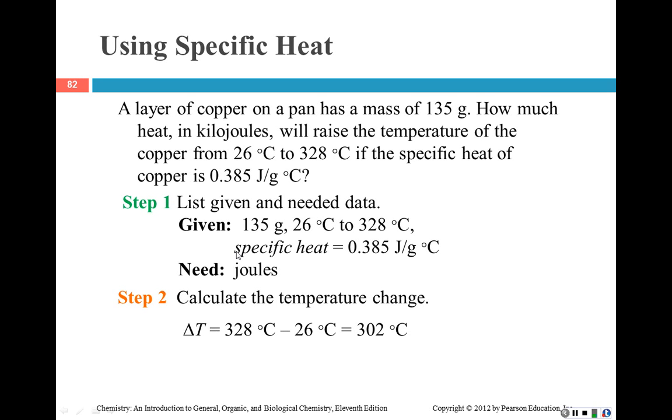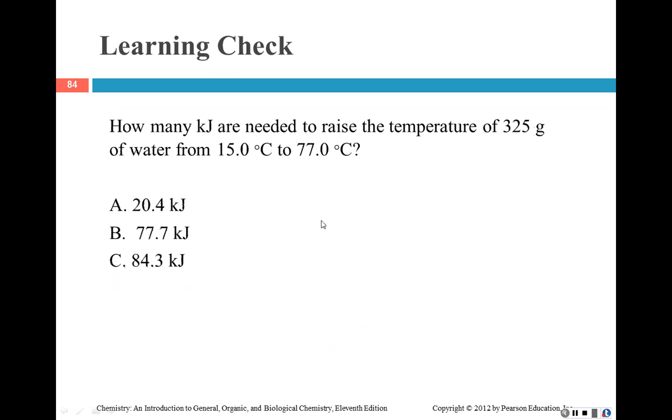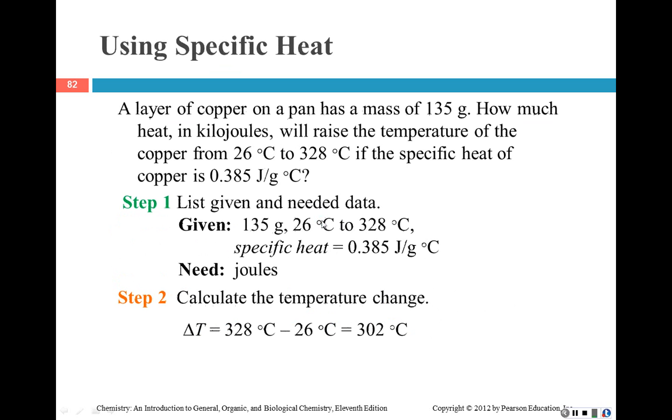All right, so this is what we have, 135 grams, this change in temperature, and then your specific heat. We're looking for joules. Okay, so the first thing we do is we calculate what is this delta T, 328 to 26.